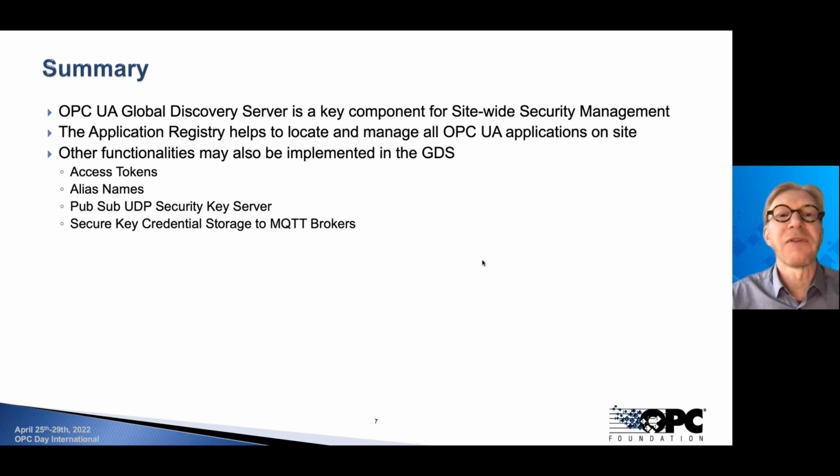But it can also have other functionalities, taking care of access tokens, alias names. It can act as a security key server, which will be important for the PubSub UDP security. And also it can be a storage for key credentials, especially for MQTT brokers, but probably also for the other services.